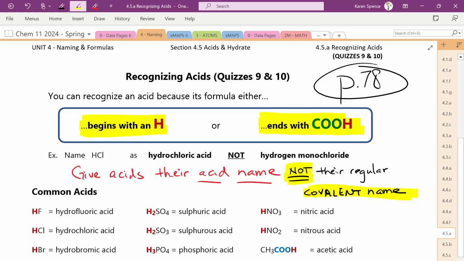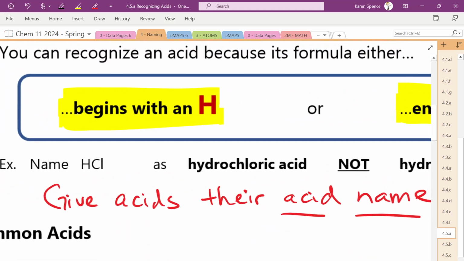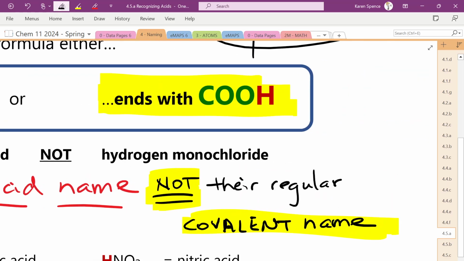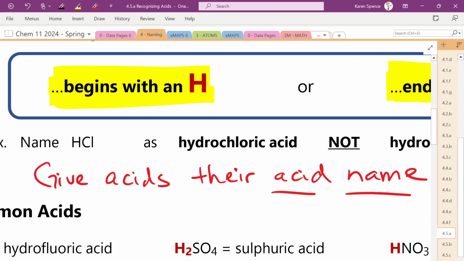So for example, up to this point, we would have been naming HCl as hydrogen monochloride. However, now, because we are learning acid names, you instead are going to call it hydrochloric acid. Okay?